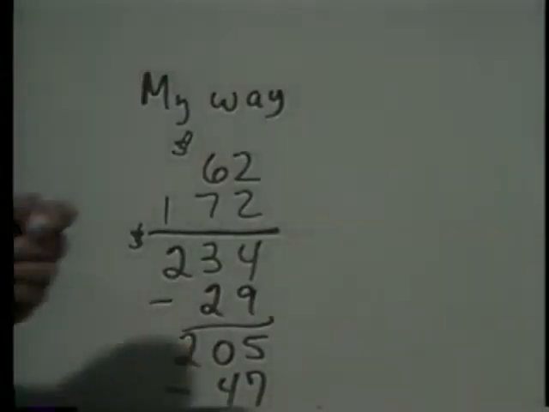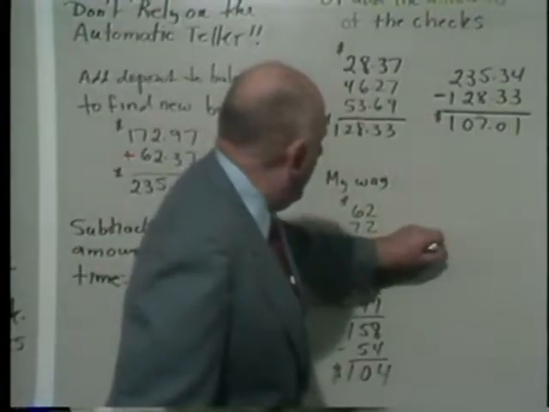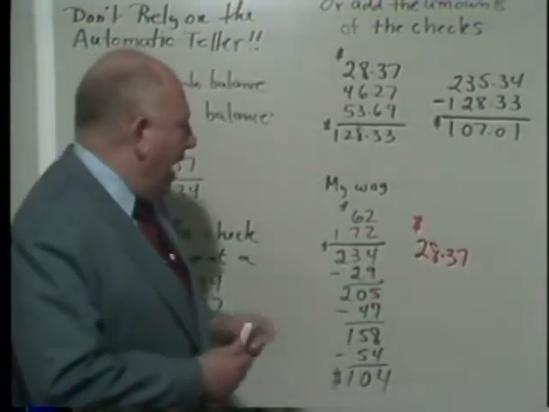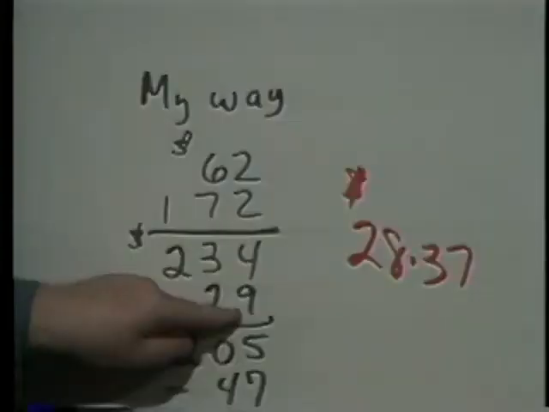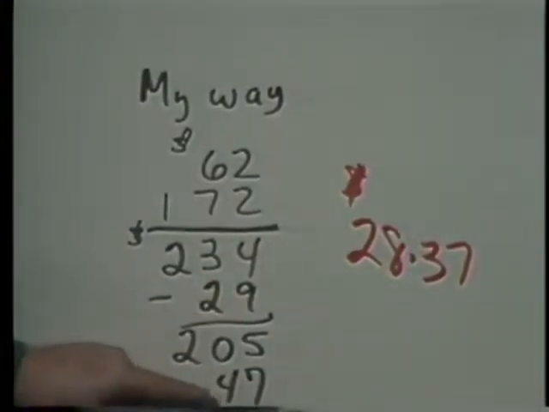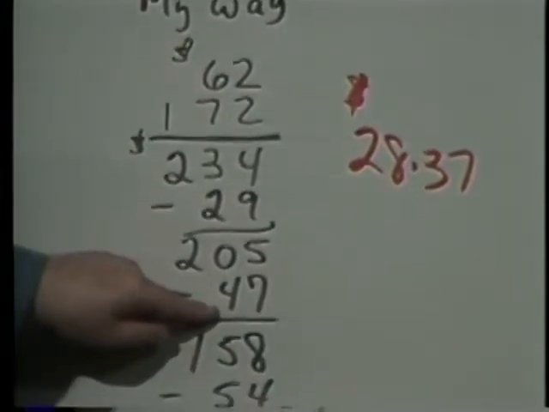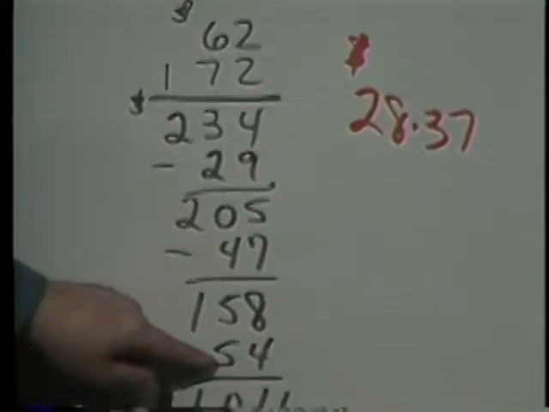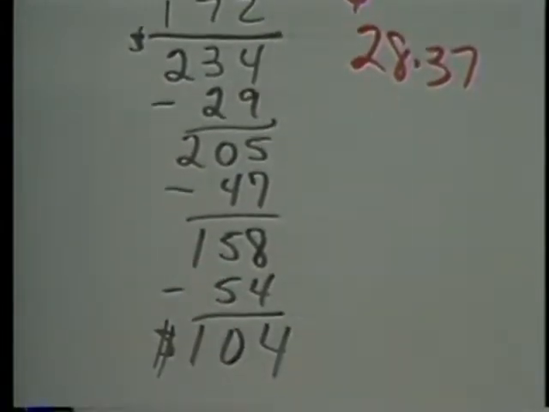Then when I have a check for, say, $28.37, I round it up to the next dollar. I subtract $29, and see what I'm doing that way? I'm hiding 63 cents. Then the next check for $46.27, I pretend that was $47. Then the next one that was $53.69, I pretend that was $54.